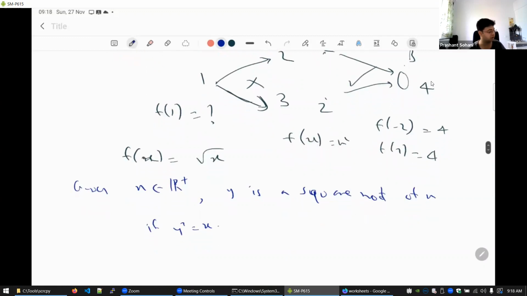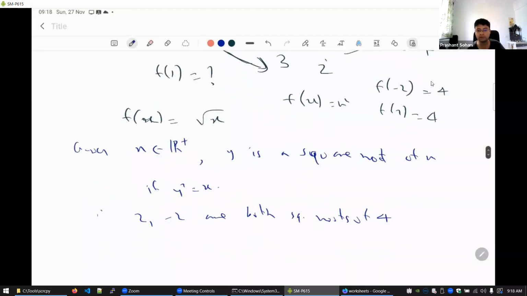So under this definition, 2 and minus 2 are both square roots of 4. We cannot say 2 is the square root of 4 because 4 can have multiple square roots. So both 2 and minus 2 are square roots of 4.